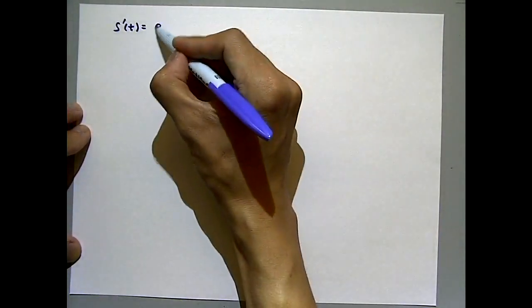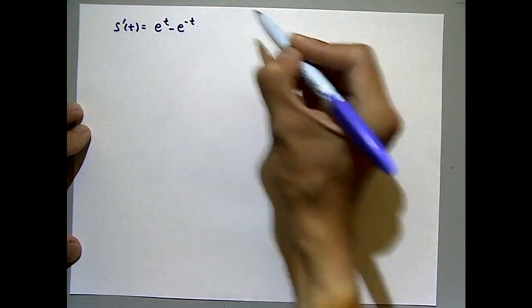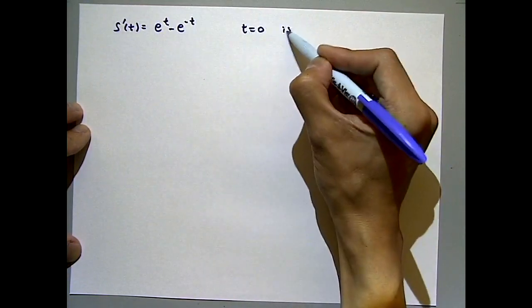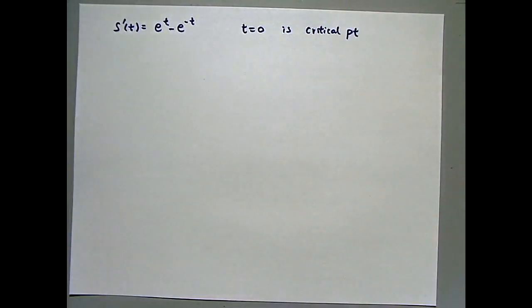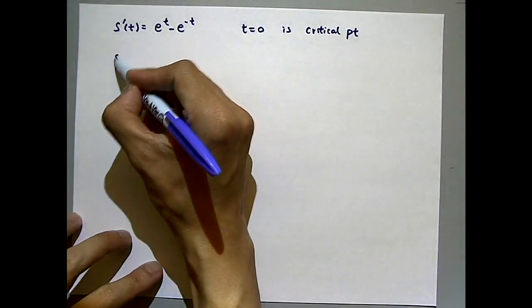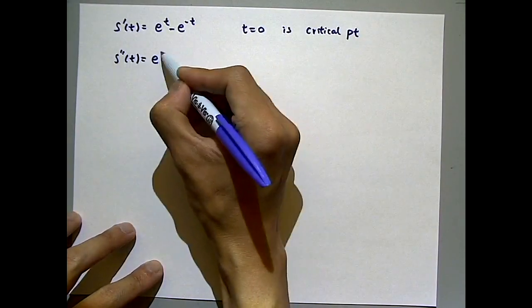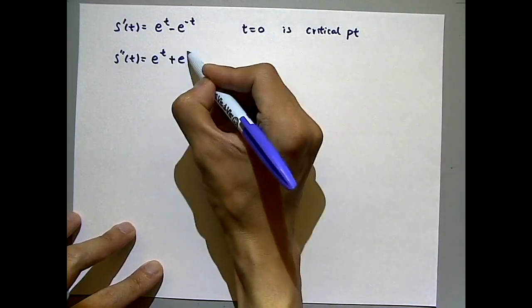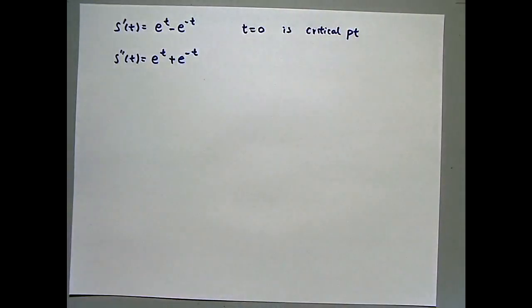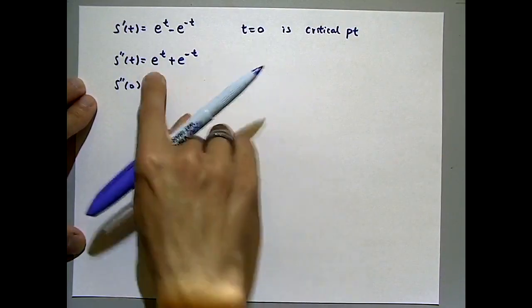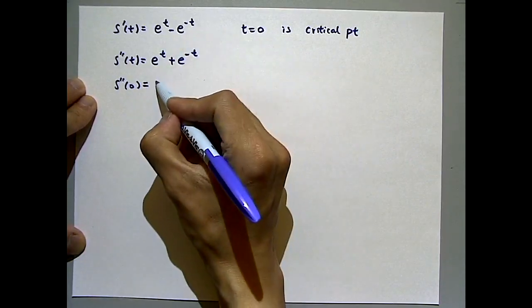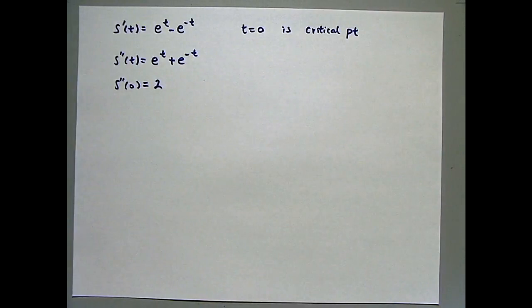Let me just copy what we got there. All right, let's do the second derivative test here. Because this function is so easy to differentiate, we might as well do that. And you plug in the critical number, and we get 2. What does 2 mean? It's positive.